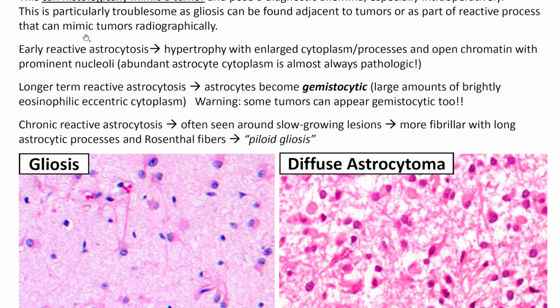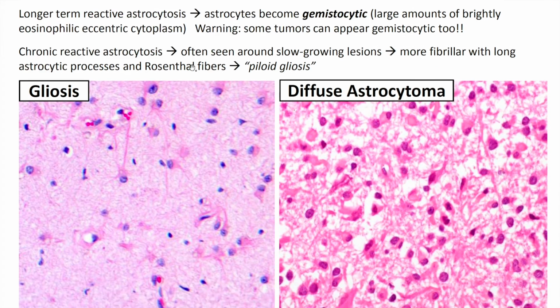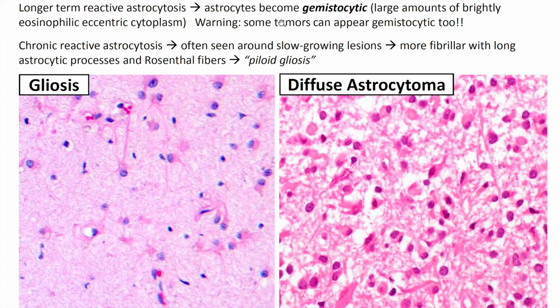mimic tumors radiographically. Early reactive astrocytosis can lead to hypertrophy with enlarged cytoplasm and processes and open chromatin with prominent nucleoli. Longer-term reactive astrocytosis leads to astrocytes becoming gemistocytic with large amounts of brightly eosinophilic eccentric cytoplasm.